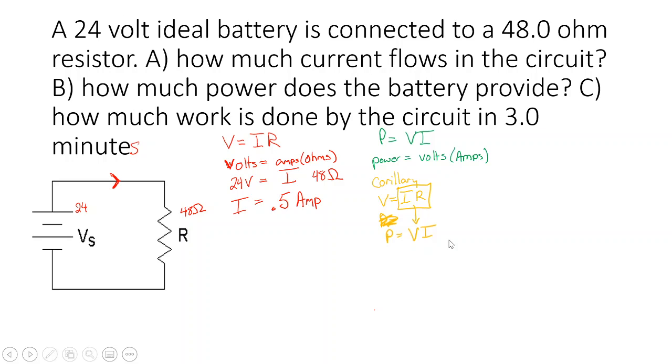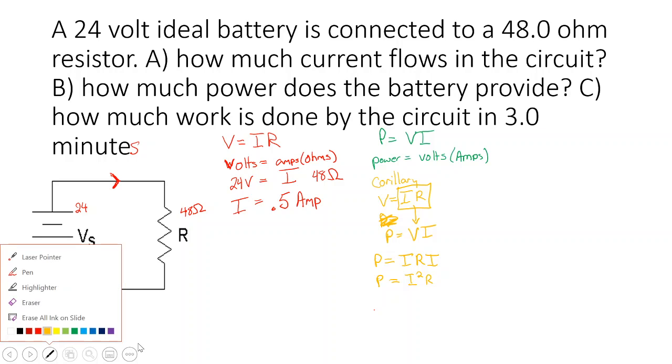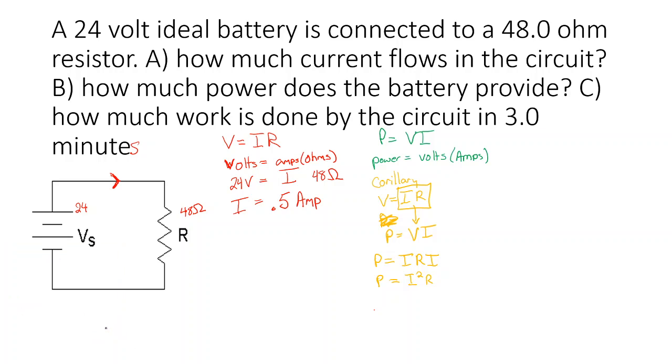Or maybe we could solve for I in terms of R and get another equation here. Well, if I plugged in V into IR, we'd get P equals I times R times I, or I squared R. So that's a corollary. That's another way you could solve this, like if we didn't know the number of volts. However, in this problem, we actually do know the number of volts.